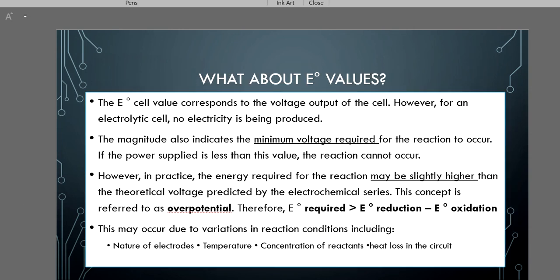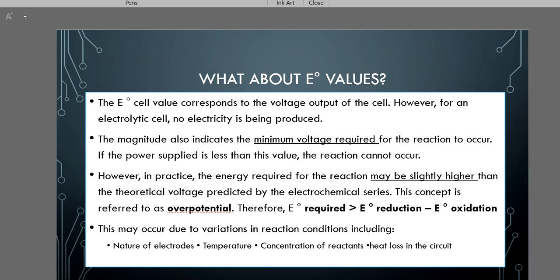Before I look at specific cells, there's just one other little concept to go through, which is how we can also use our E0 values and our potential differences to work out, not how much energy we're getting out of a cell. That's what we do for primary cells and what we've done for spontaneous cells. But we can do the exact same sum and look at the exact same potential difference.